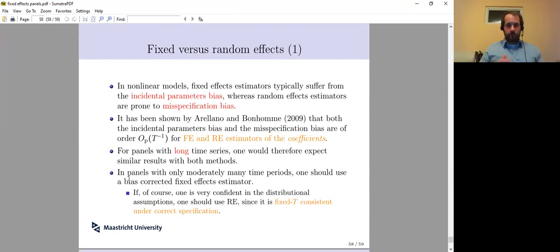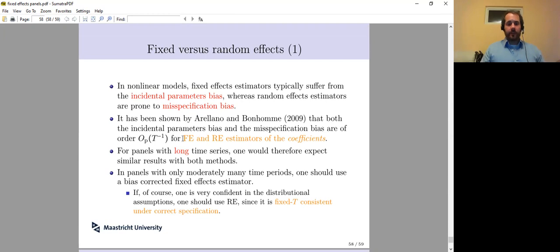So let's summarize what we have, fixed versus random effects. In nonlinear models with fixed effects, you typically have to deal with the incidental parameters problem, whereas when you assume random effects, you are likely to have a misspecification bias. Now, let's say you care about the coefficients.